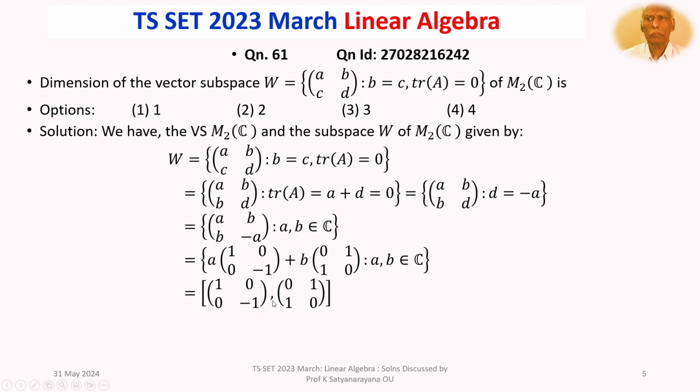Therefore, this is a basis for W. Therefore, the dimension of W is equal to the number of elements present in the basis, and in the basis there are 2 elements. Therefore, the dimension of W is equal to 2.